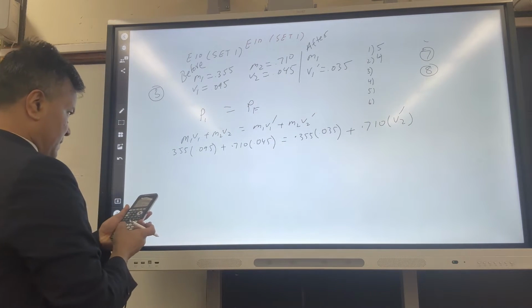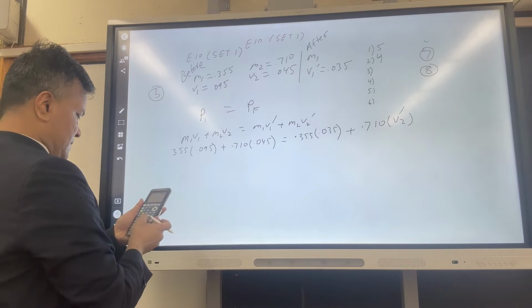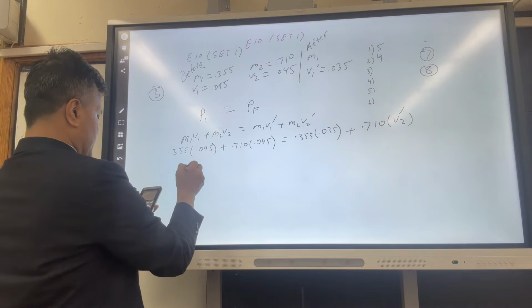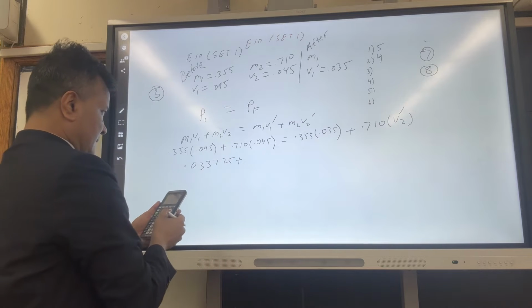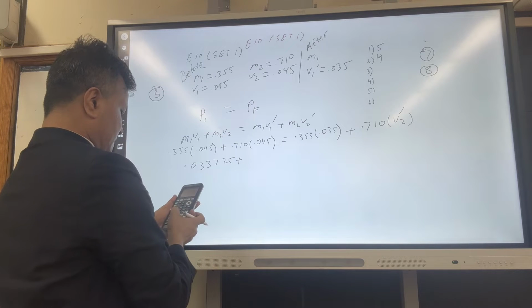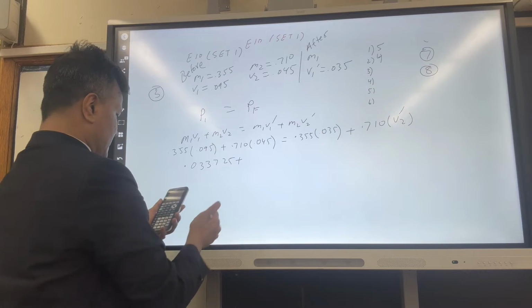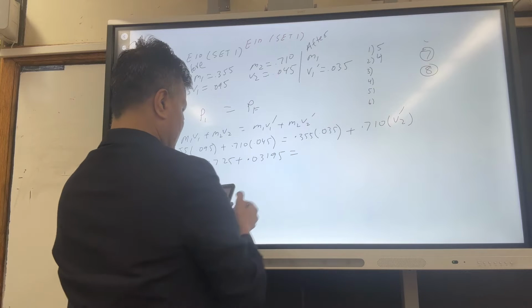So 0.355 times 0.095 is 0.033725, plus 0.710 times 0.045 is 0.03195.